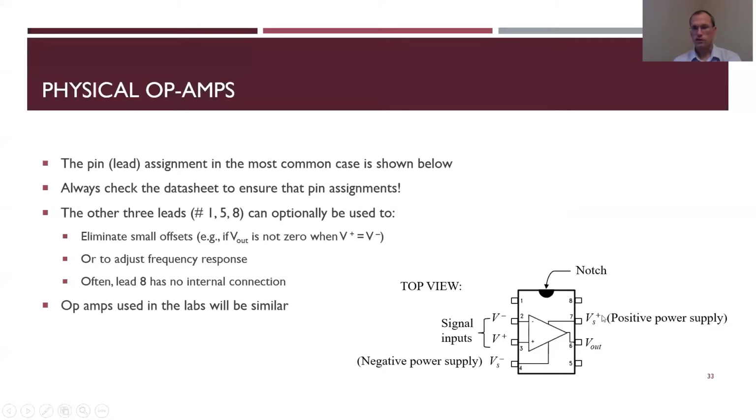Pin 7 is for the positive power supply. And pin 6 is where my voltage comes out. Then 5 doesn't do much. You can use pins 1, 5, and 8 to do other things, but a lot of times you don't. This is just the common arrangement. You might want to check your data sheets just to make sure the one you have is the same.